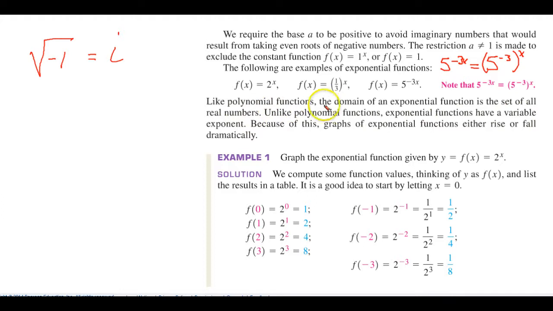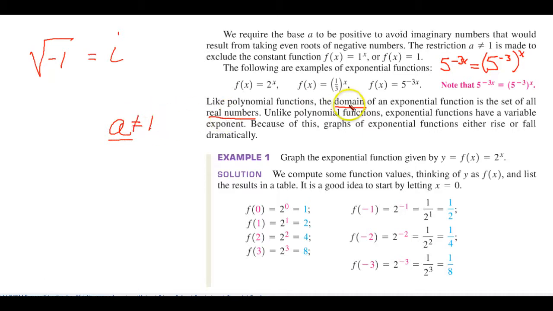Okay, like polynomial functions, the domain of an exponential function is the set of all real numbers. Now again, we're talking about the exponents because we're saying the base earlier cannot be equal to 1.